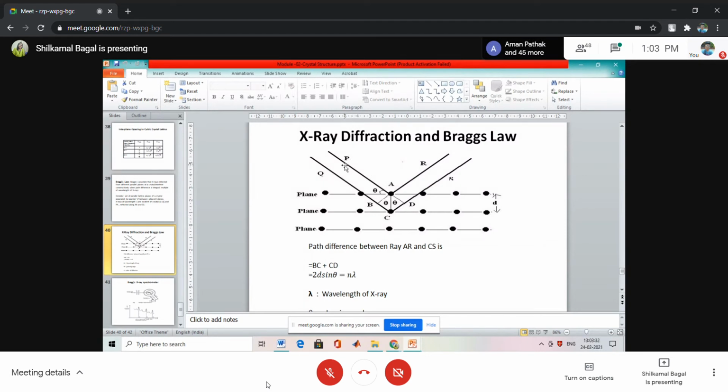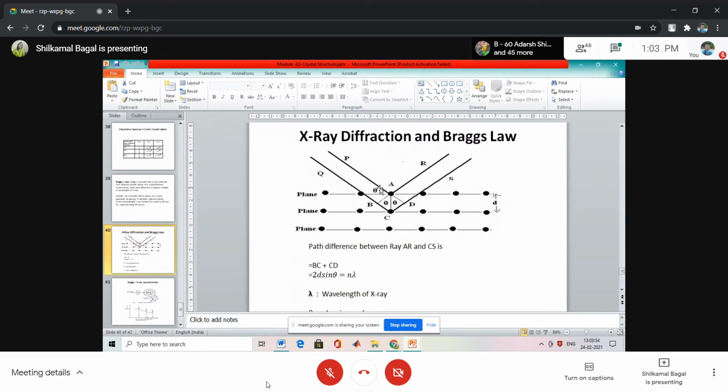Different X-rays, but a number of rays will be there, na? A large number of X-rays will be there. Out of that, for our understanding, we have considered these two rays. A large number of planes are there, like a large number of rays, like ordinary light. When light is emitted from the source, there is not a single ray; a large number of rays are there.